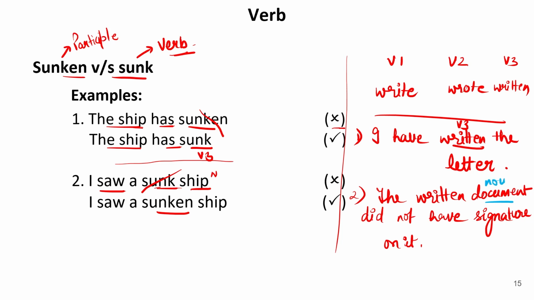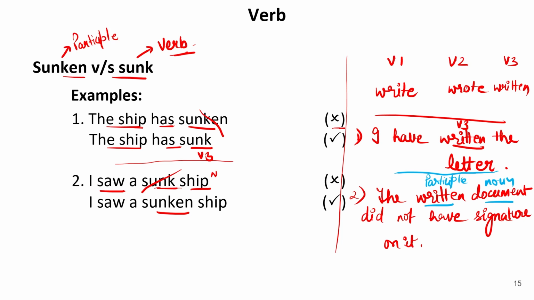Document is a noun and written is qualifying it. So this is behaving like an adjective, so we call it a participle. So here we can see that the spelling and pronunciation of the two words, whether it is used as a verb third form or as a participle, is the same.